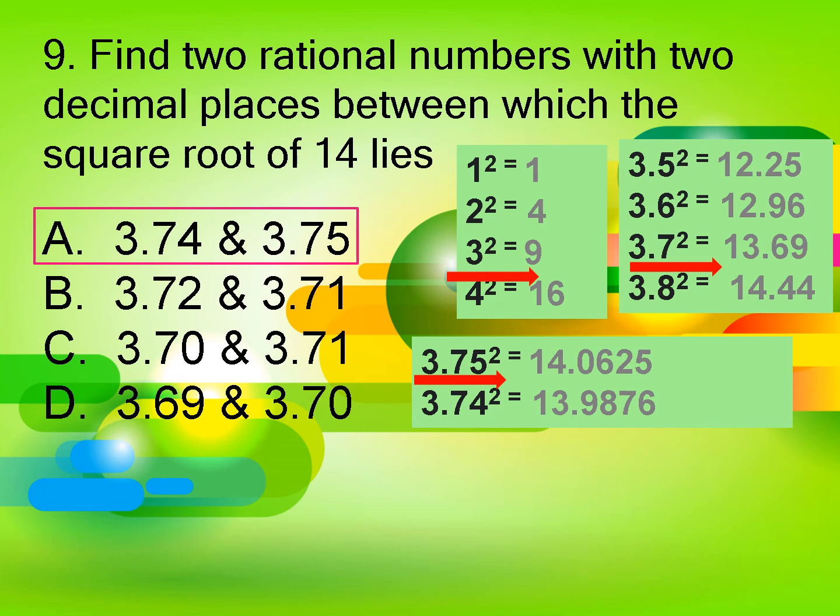We'll stop at 3.74 because our result is lesser than 14. So if it's lesser than our target, then we will now stop. Okay, so that's why the answer for number 9 is letter A, 3.74 and 3.75.